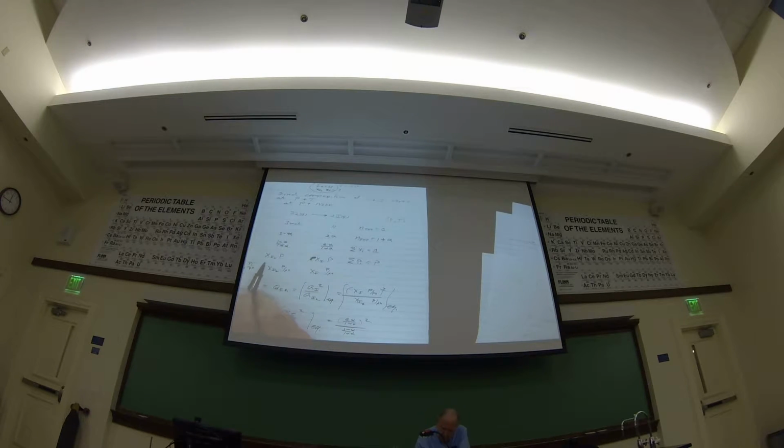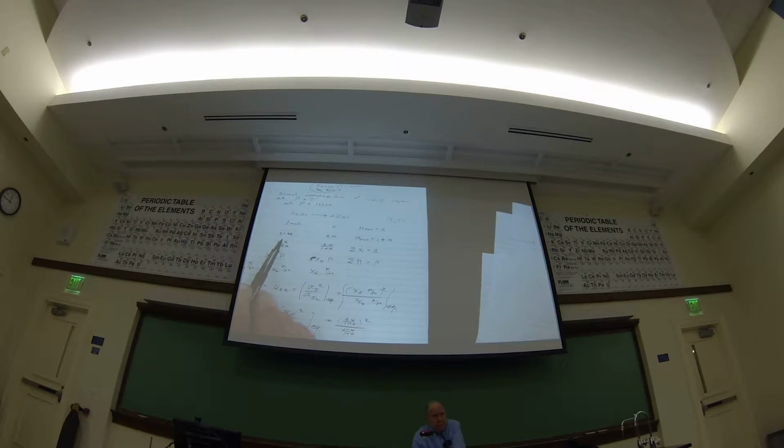Go back, look at partial pressure quick. Partial pressure of I2 is... here we go. Here's our alpha. Alpha is how much of the I2 is dissociated, right?